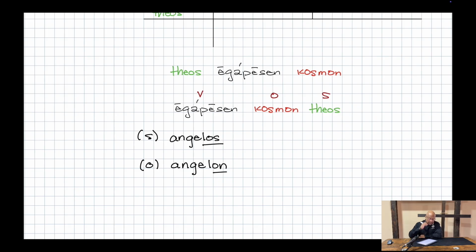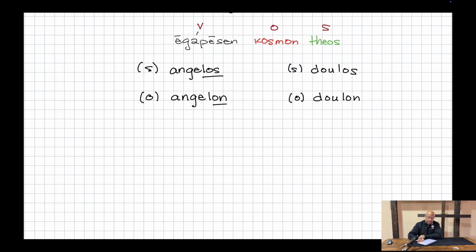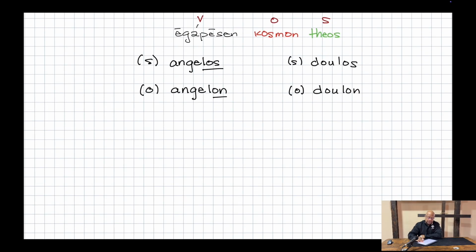So if we add here another word, subject form, doulos, this is the word for servant or slave, and then object here would be the word doulan. All right.